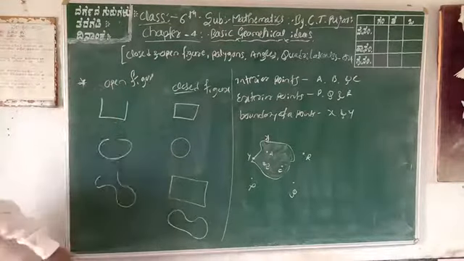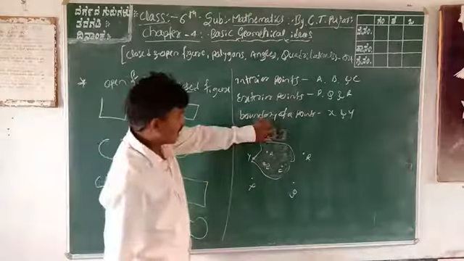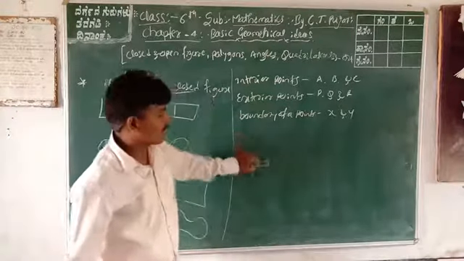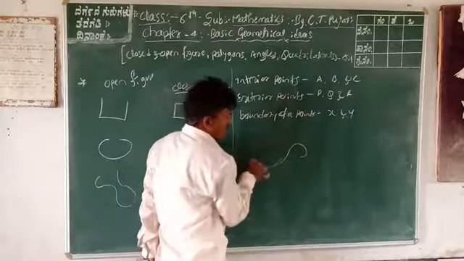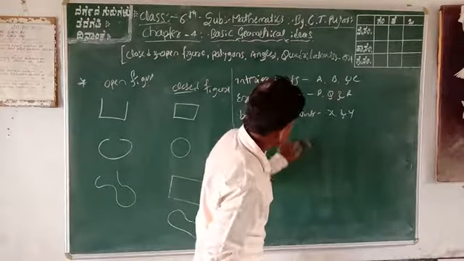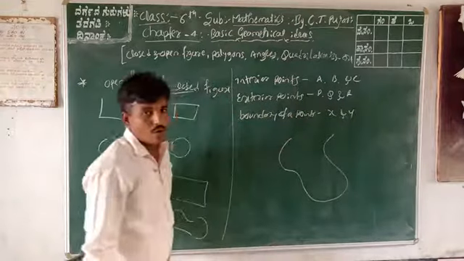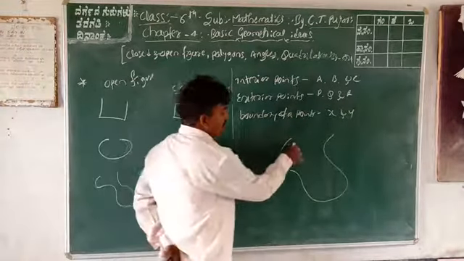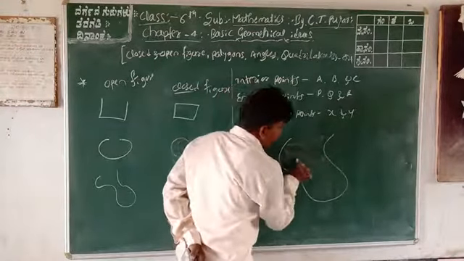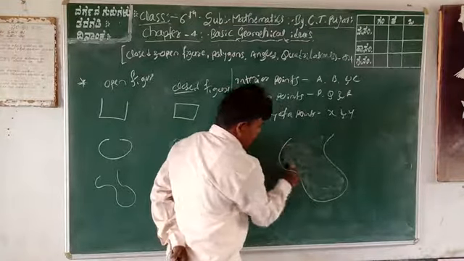And now the second example, where you can choose any closed figure or open figure. This is an open figure. In the open figure, this is the interior part. Got it? This is interior.